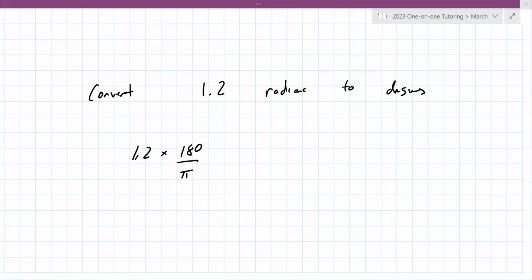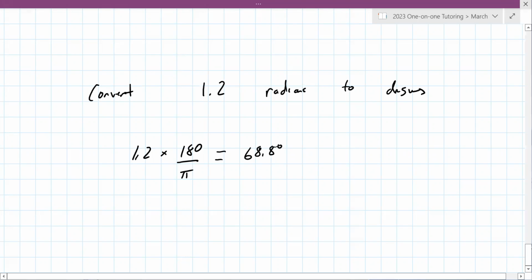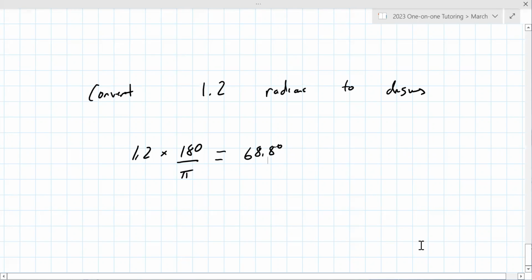So none of these are going to work out nicely. That's the whole point: it's to gauge your comfort level with things that don't look right. I got 68.7, well, 68.8, but yeah, I'd take it. Oh yeah, actually now that I look at that, that's correct.